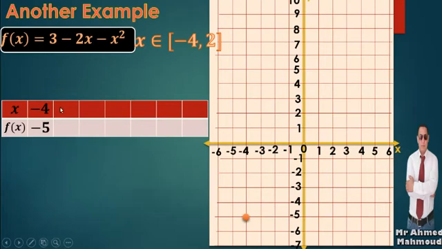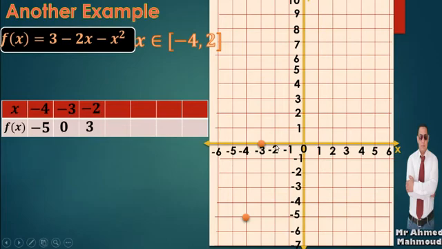The next point, negative 3: 3 minus 2 times negative 3 minus negative 3 all to the power of 2 equals 0. Negative 3 and 0 appear in this position. The third point is negative 2: 3 minus 2 times negative 2 minus negative 2 all to the power of 2 equals 3.